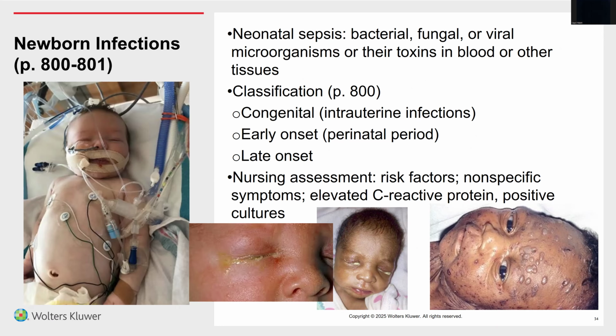So the most common causes of bacterial sepsis include group B strep and Escherichia coli or E. coli, followed by Staph aureus and Listeria. So congenital is intrauterine infections, early onset is the perinatal period, and late onset occurs after the baby's born.